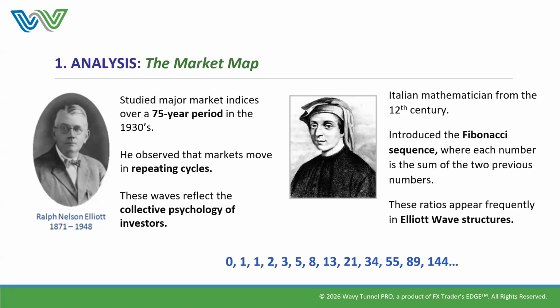They all stem from the Fibonacci sequence, where each number is the sum of the two previous numbers. And these ratios from the sequence appear in Elliott Wave structures. And when we learn this and recognize this, we begin to see where high probability turning points can occur.